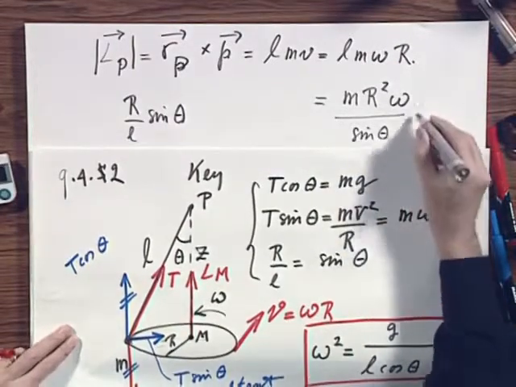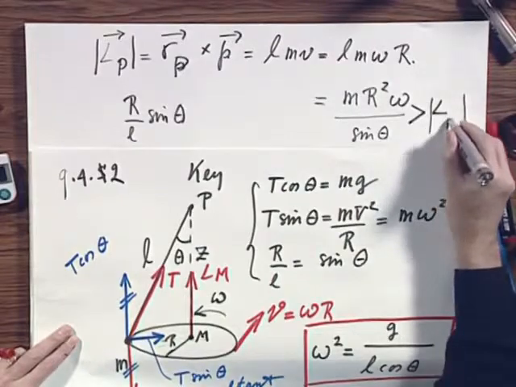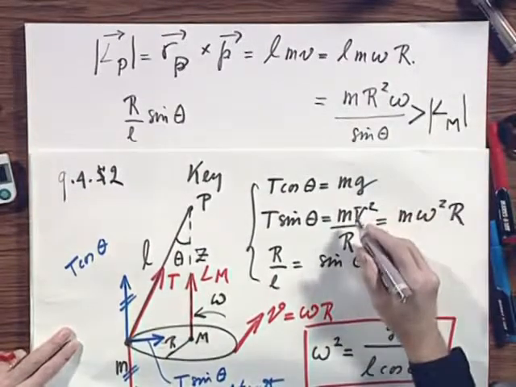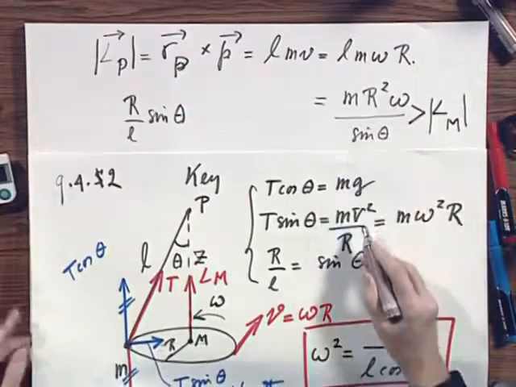And you see immediately that this is larger than the magnitude of the angular momentum if you choose it relative to point M. It is larger by the factor 1 over sine theta.